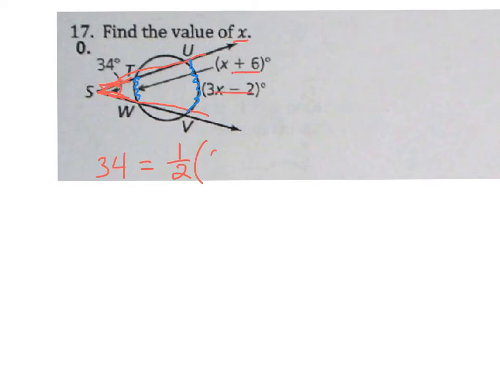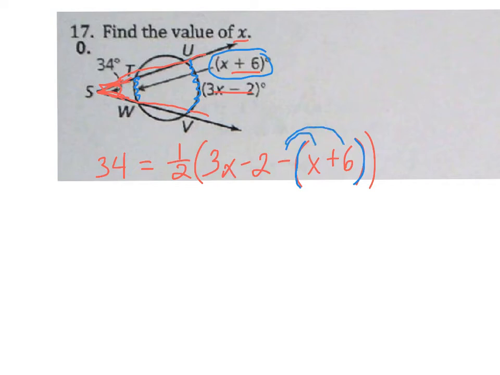So it's the larger arc, the outside arc, 3x minus 2, minus the inner arc, x plus 6. Now I included this extra set of parentheses because you're subtracting the entire arc measure, whatever that is. So you have to be careful when you're rearranging this that you distribute this negative to both terms.